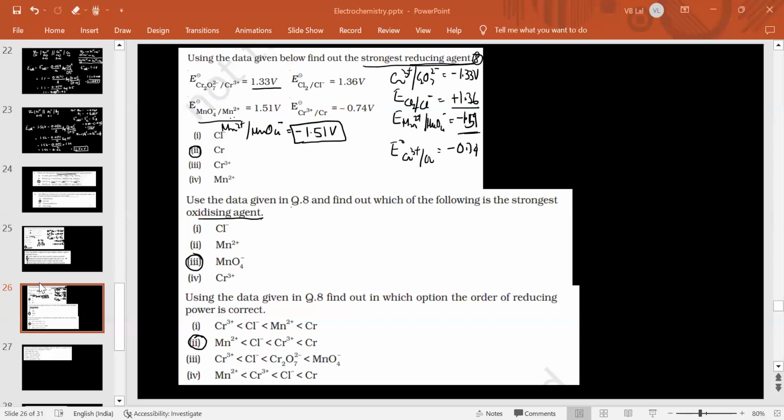Stop share screen. Miss, by seeing the E naught values, how are we supposed to confirm whether it is a reduction potential or oxidation potential? See the values which are given here, no? See, you have to see, oh, they are ions. Sorry. See this, I just reversed it.